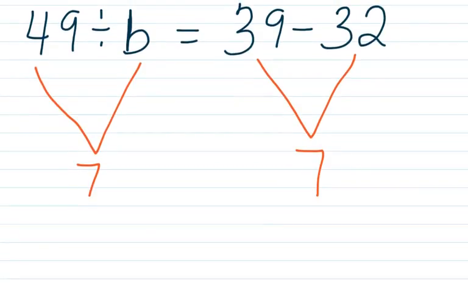And so remember, what we're trying to do here is that 49 divided by something is 7. If we try to multiply 49 times 7, if we try to do an inverse operation, we're going to get a larger number. And you remember that b has to be a small number in order to get 7.